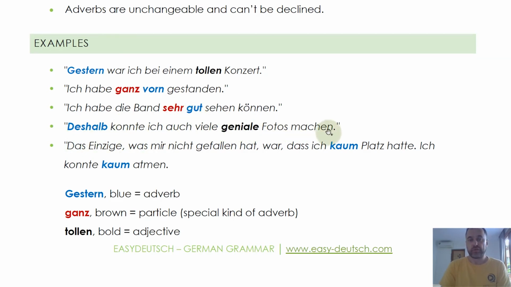Deshalb konnte ich auch viele geniale Fotos machen. That's the reason, or that's why I could, word by word, make many genius photos. So here we have the adverb deshalb, that's why in English, refers to the overall situation, and genial is an adjective because here we refer to photos, to the noun.